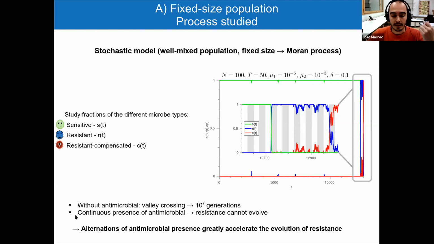And if you consider a continuous presence of antimicrobials, then the resistance cannot evolve because the sensitive microbes don't divide. So as you can see with this example, alternations of antimicrobial presence greatly accelerate the evolution of resistance.